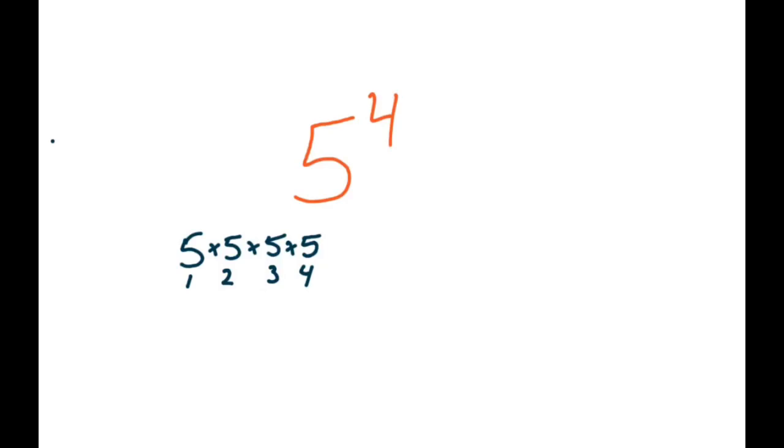So 5 is what's known as our base. And the 4, the number of times it is multiplied by itself, would be our exponent. So 5 times 5 times 5 times 5 can also be written as 5 to the 4th power, as we would call this.